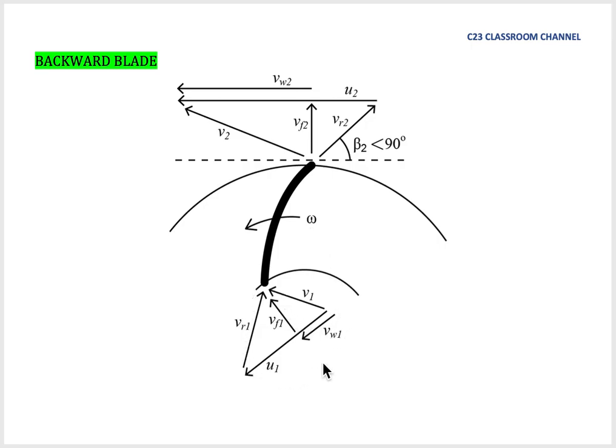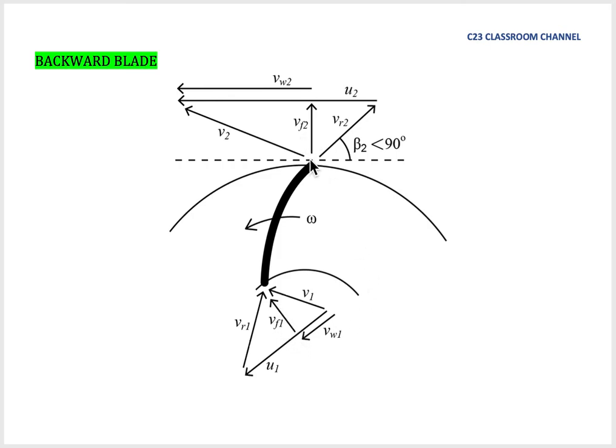At the inlet, they will create a totally same velocity triangle as what we had previously. So we have the absolute velocity V1 here. We have components U1 and VR1 like this. And then we have another component of V1 and VF1 like this.